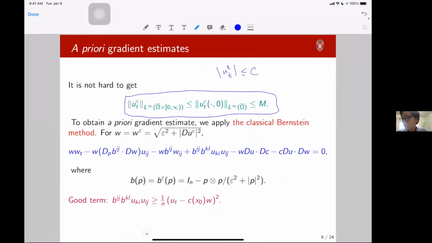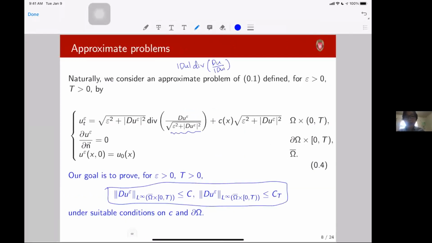Maybe let me go back to the equation. Let me just say it in words. To prove it, we use the fact that the PDE is independent of time. In other words, if u epsilon(x,t) is a solution, then you can shift it, so u epsilon(x, t plus h) is also a solution for h fixed. So we can shift it around, right? Because the equation is independent of time.